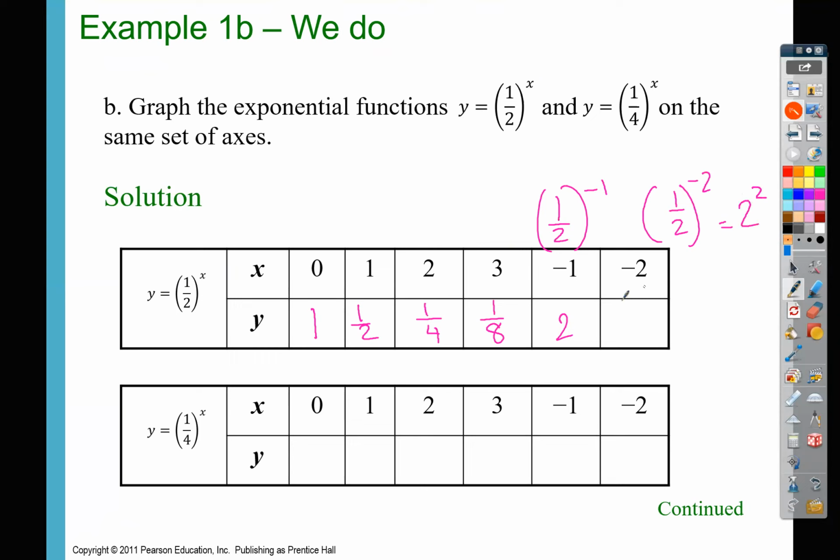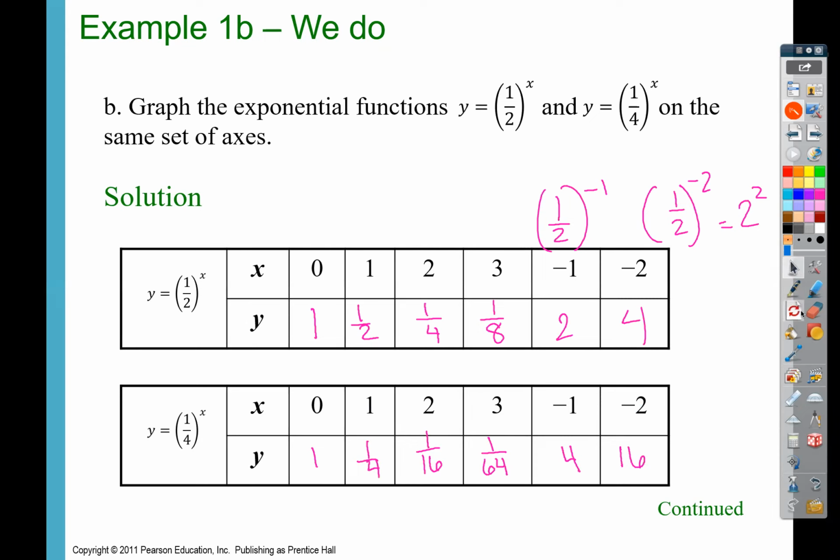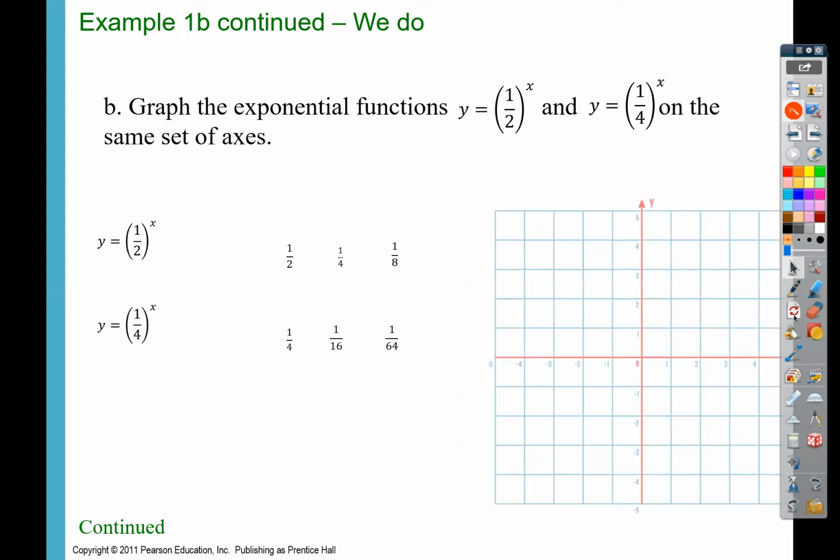So 2 squared is 4. Same thing with this one: anything to the 0 power is 1, 1/4 to the first power, 1/4 squared, 1/4 cubed, 1/4 to the -1, and 1/4 to the -2. So I'm going to use those points to plot these graphs. You just really use your knowledge of exponents to do that.